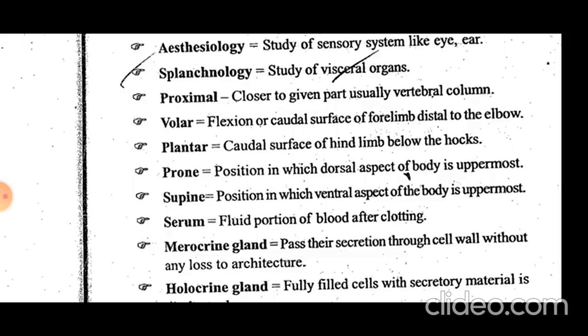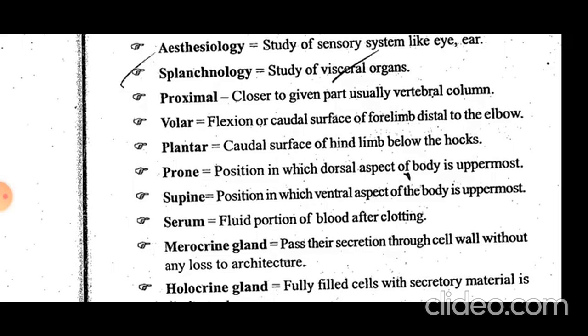Serum is the fluid portion of blood after clotting. Blood minus clotting protein is serum. Fluid minus clotting protein is equal to serum, and blood is equal to fluid plus the cellular part of the blood plus clotting protein.